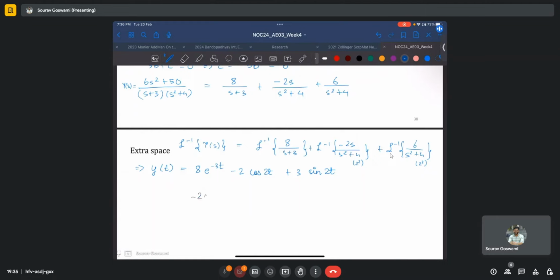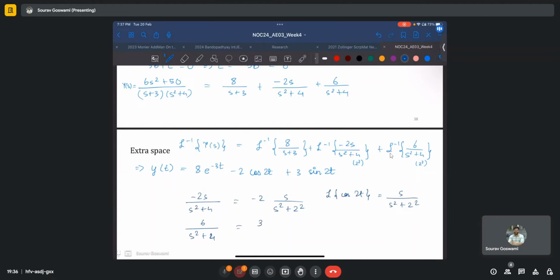So minus 2s by s square plus 4 is equal to minus twice s by s square plus 2 square, and cos 2t will equal s by s square plus 2 square. Similar is the case for 6 by s square plus 2 square, or by 4.